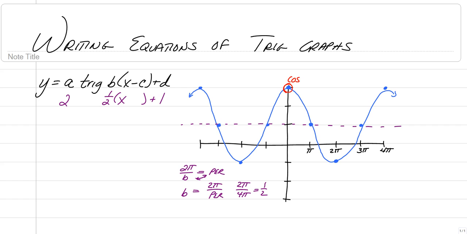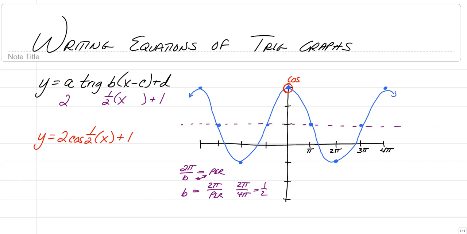So since cosine is starting at the top, this is a positive cosine graph. And it has no horizontal shift. So y is equal to a positive 2 cosine of 1/2 x in parentheses, plus 1. We had no horizontal shift. Okay, so that's really easy to pick that guy right there.